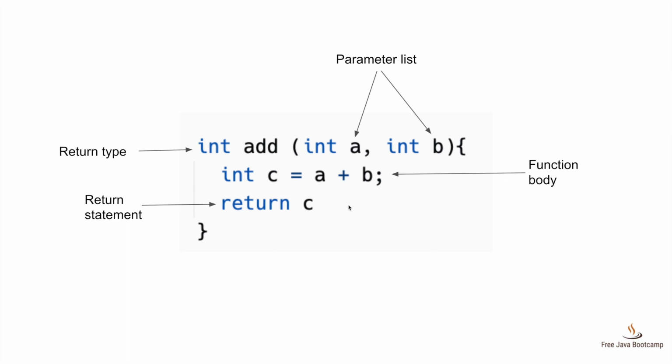So the new keyword we're learning today is return. Return tells the compiler to output something after this function is called. So here we're telling it to return C, and C is simply A plus B. So C is the result of A plus B, and we return it.